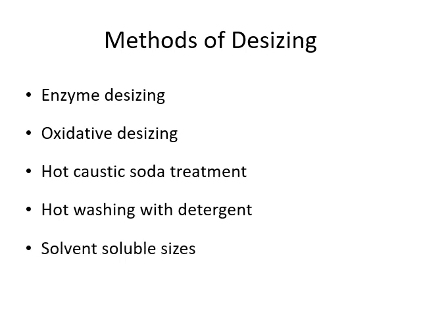The last process is the solvent soluble sizes. Copolymers or polymeric sizing materials, whenever applied, sometimes solvents are used, so these polymeric compounds present over the fabric can be completely removed, and the desized material can be recycled.